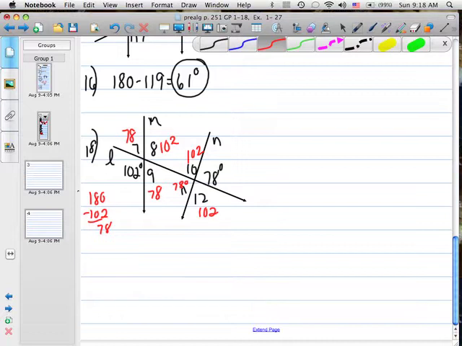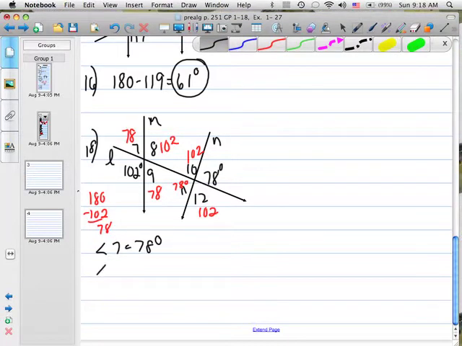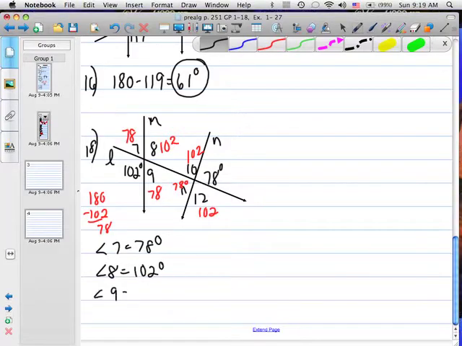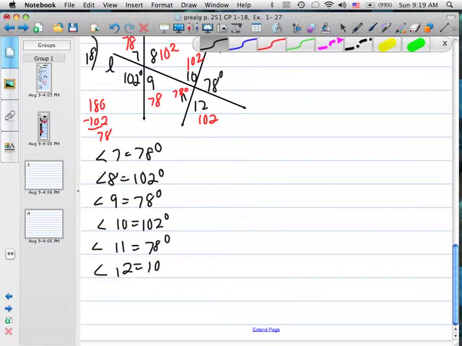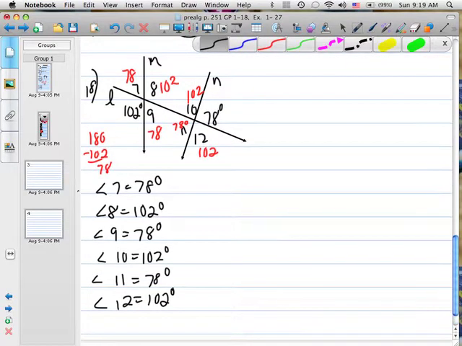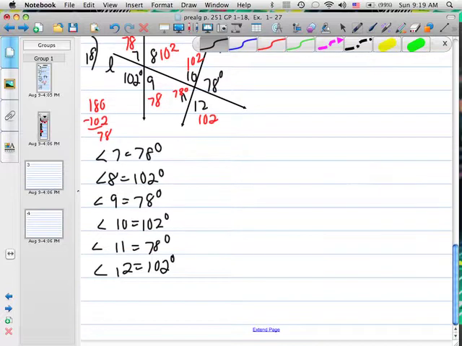So our answers: angle 7 equals 78 degrees, angle 8 equals 102, angle 9 equals 78, angle 10 is 102, angle 11 is 78, and angle 12 is 102. And they wanted to know if the lines were parallel or intersecting. These two lines, M and N, are going to intersect. They're not parallel, so intersecting.